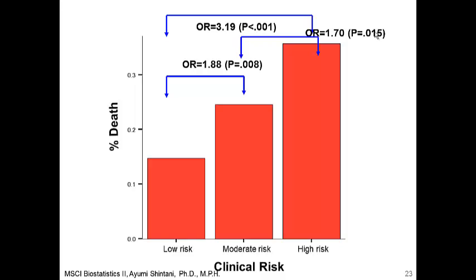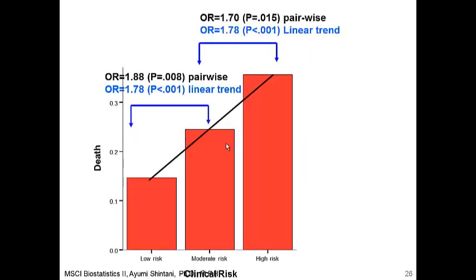Let's look at this trend. Do you think there is a trend, where increasing the dose of exposure increases the rate of events? Yes, it looks like there is a dose response. So now we could actually do a test for linear trend.